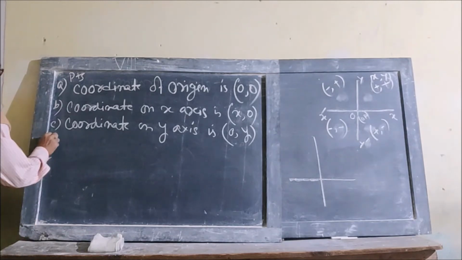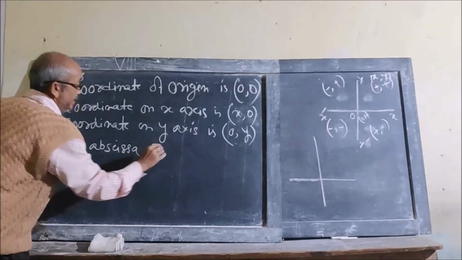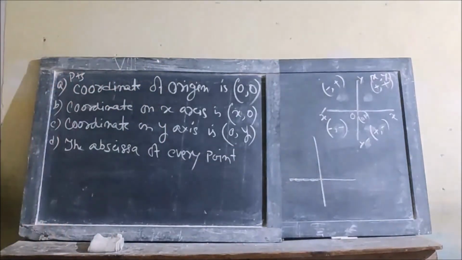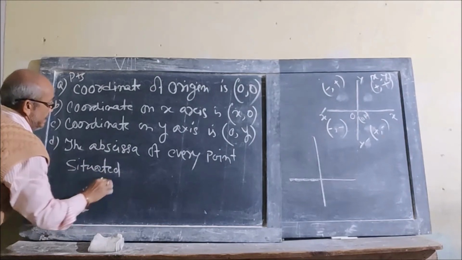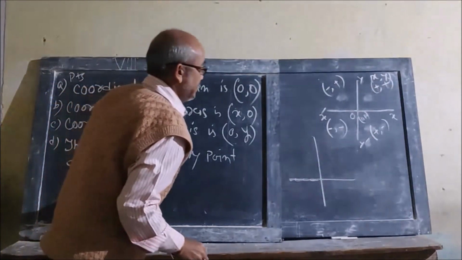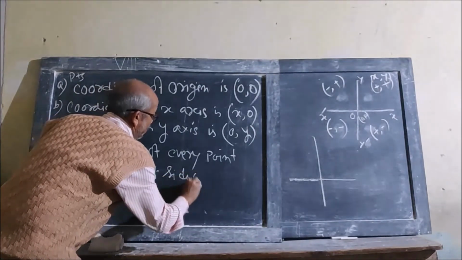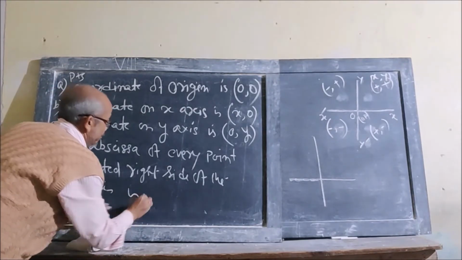Next, point D: the abscissa of every point situated on the right side of the y-axis is positive.